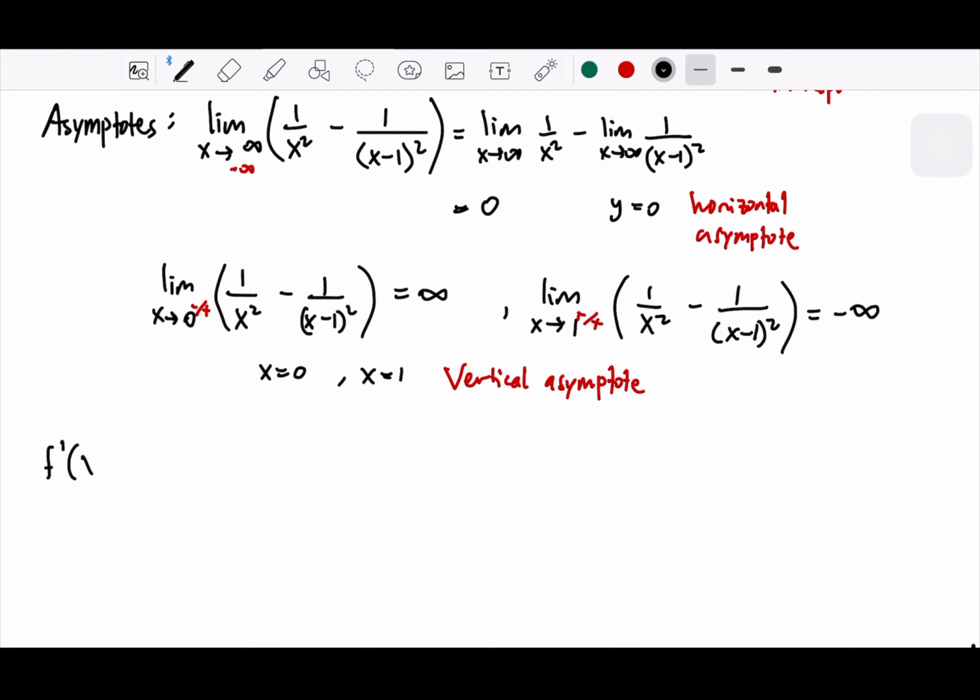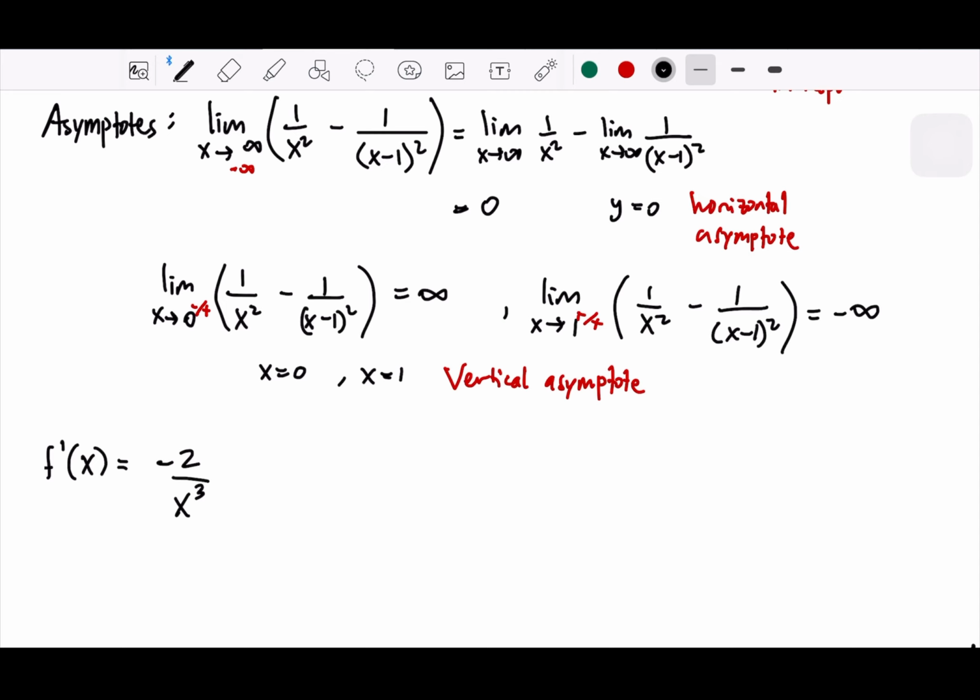So the first derivative: 1 over x squared, you can imagine it's x with power of -2, so -2 goes to the front. -2 minus 1 is -3, so it will be -2 over x cubed, right? And then the same thing for the other equation.